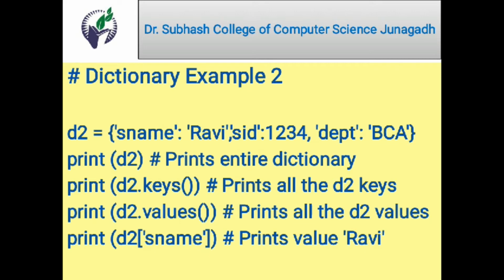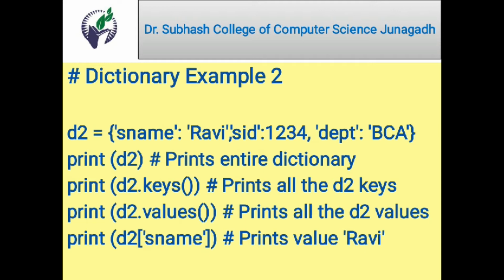S name, that is of string type, and the associated value with this S name, that is Ravi in single quote. Here it is treated as the key, Ravi is treated as the value, both separated with this colon. So first key student name, value Ravi, then comma. Comma must be there to separate the different key-value pairs.